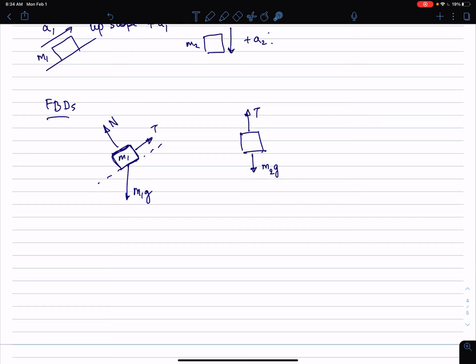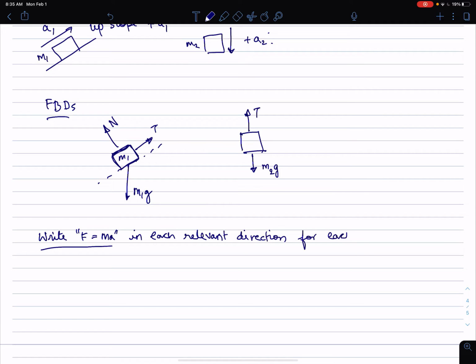Now we can write F equals ma in each relevant direction, so to speak, for each FBD.